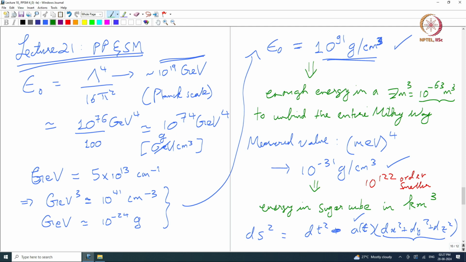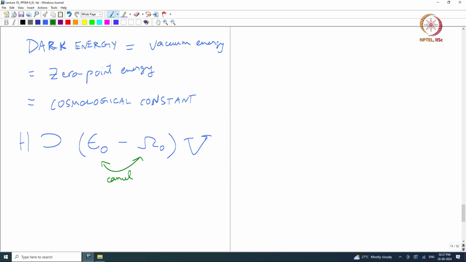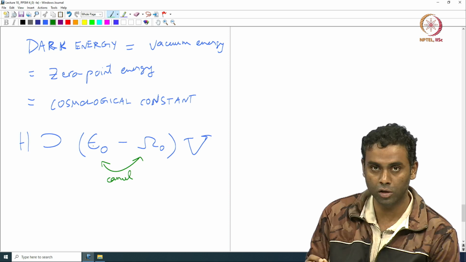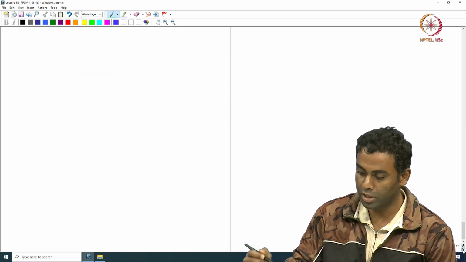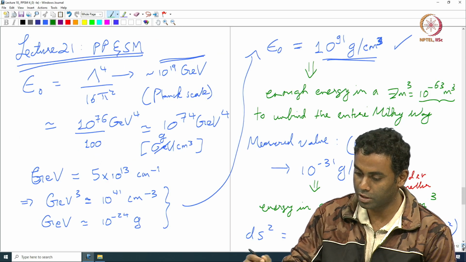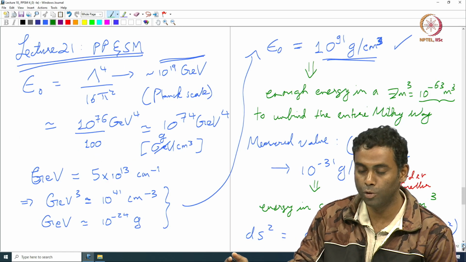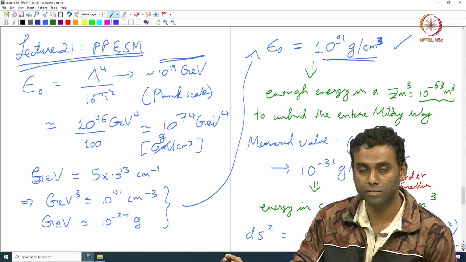This is not just exactly 10 power 91 grams per centimeter cubed, right? It actually has 91 decimal places, right? And then you are asking that to up to 122 decimal places, you want the E naught and the omega naught to cancel each other off, so that I end up with a number that's so tiny that people once used to think it was 0 actually. Agreed?